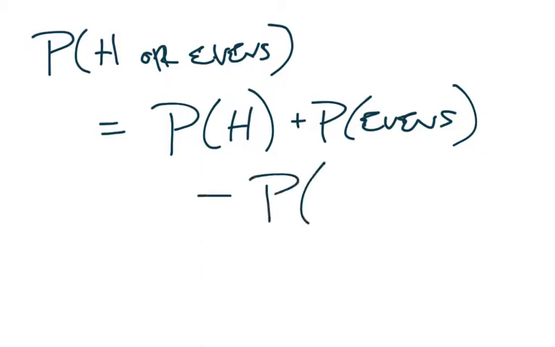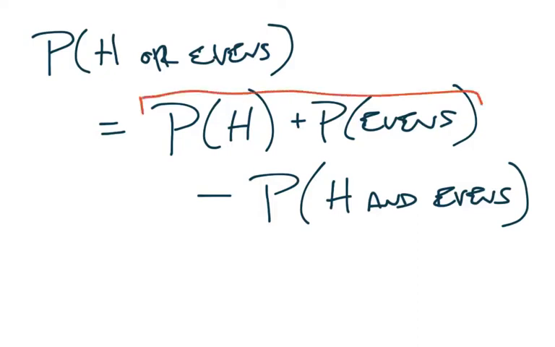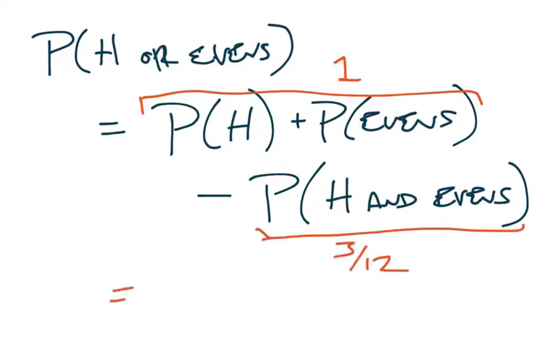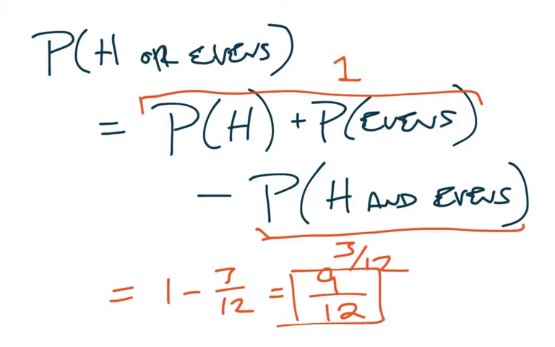It was off by the probability of the overlap. So if we were to take that and subtract the probability of H and evens, that's the overlap, then we would have, from the calculation we just did on the last page, 1 minus 3/12, which is precisely 9/12. That is what we know the right answer is because we counted it, and we saw that that had to be the right answer.